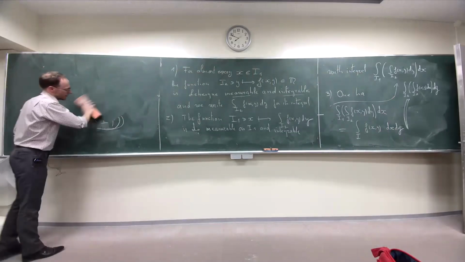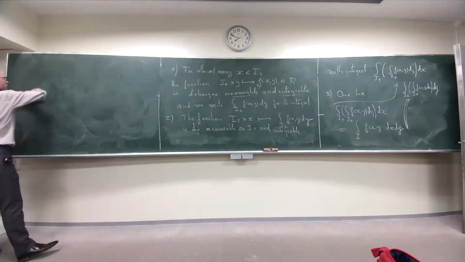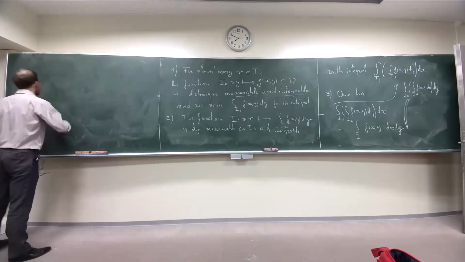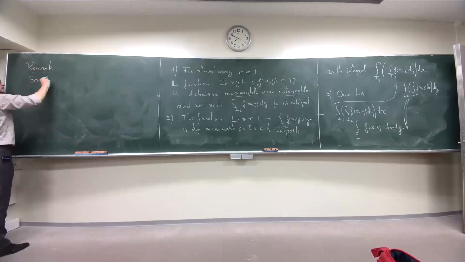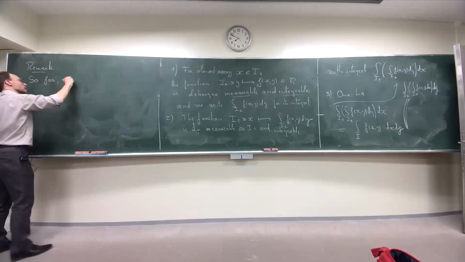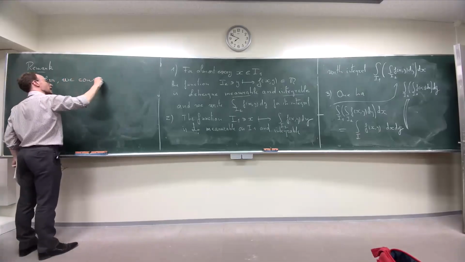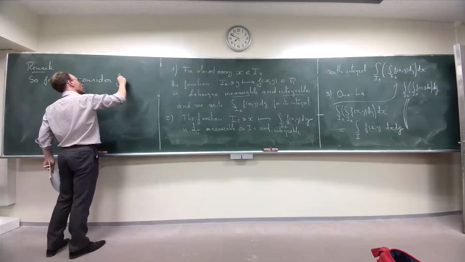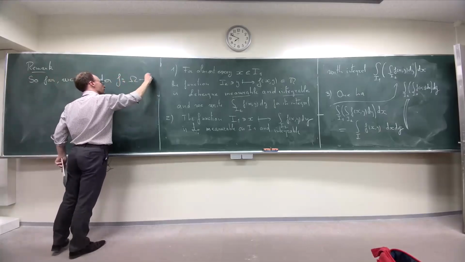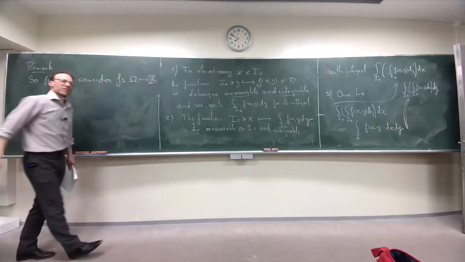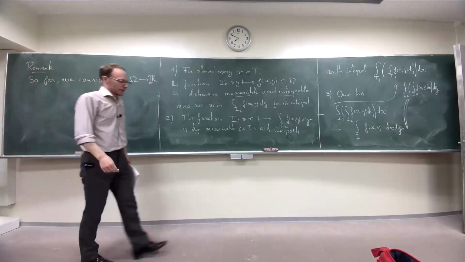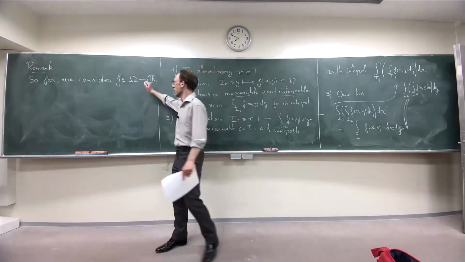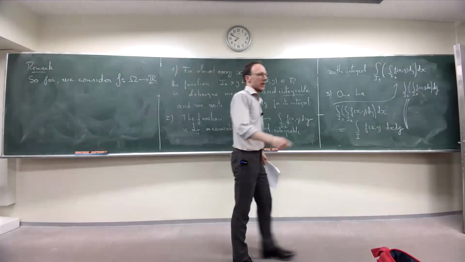So far, we really discussed only real valued functions. It's a new remark. So far, in this chapter, we considered f from omega to R. Everything was real. For L^p spaces, if you have never seen complex numbers, keep it real.